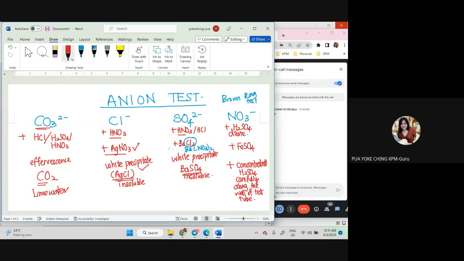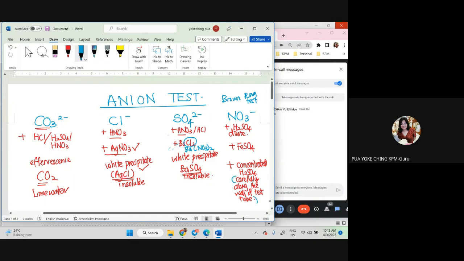Apa maksud dia? Apabila saya tambah concentrated sulfuric acid, dia sebenarnya kena sengitkan you punya test tube and then titiskan dekat dinding, then dia akan flow, dia akan drop slowly dalam campuran. Okay? Tapi saya nak suruh you hafal semua ni, you rasa susah, so we accept when you write carefully along the wall of test tube.